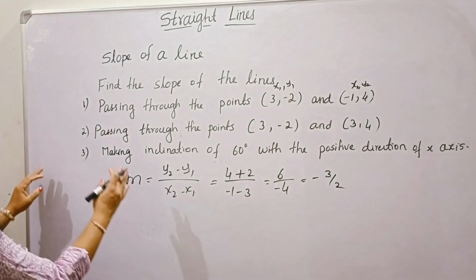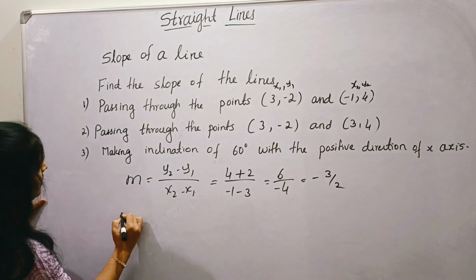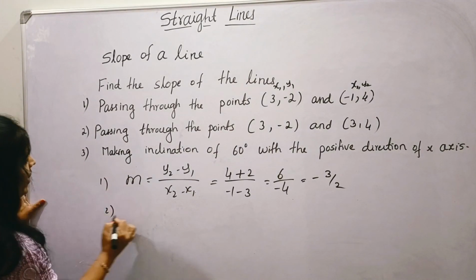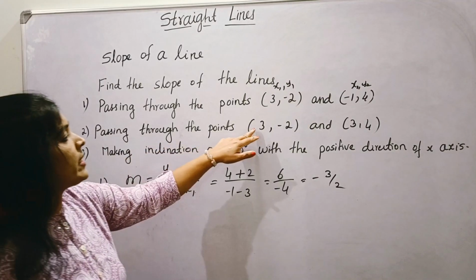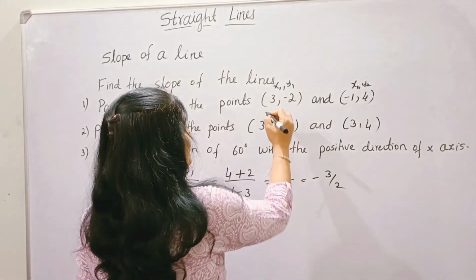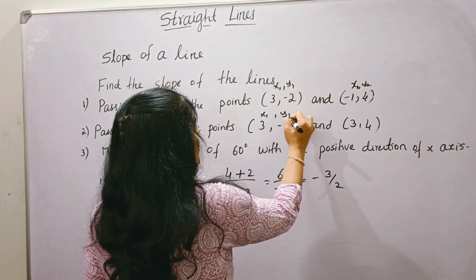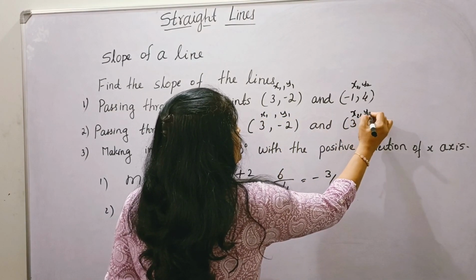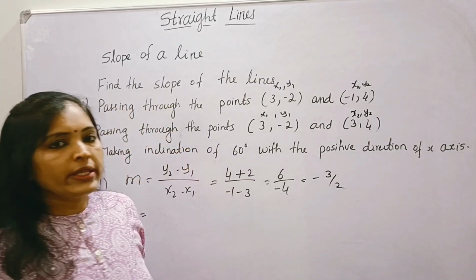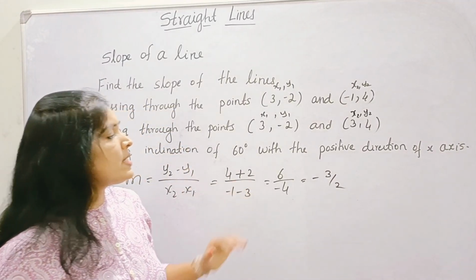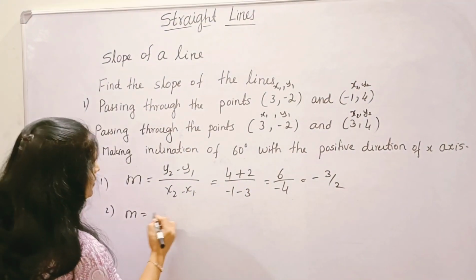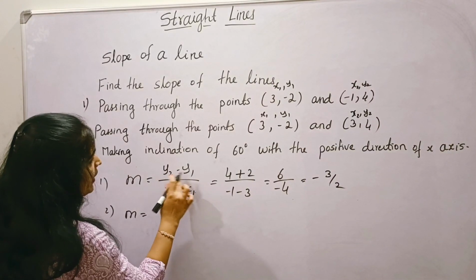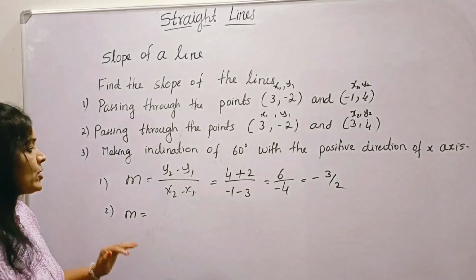In the same way, with the same method, for the second one, m is equal to, here also let us take x1, y1 and x2, y2. These 2 points are on the straight line. We have to find the slope of this straight line, and the formula is y2 minus y1 divided by x2 minus x1.